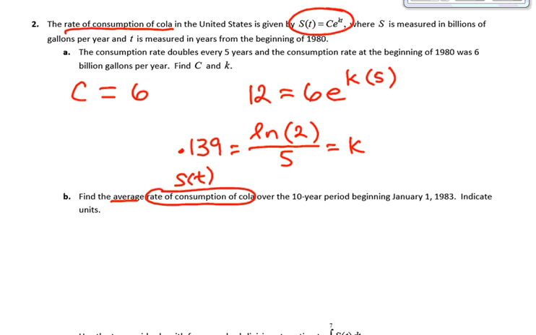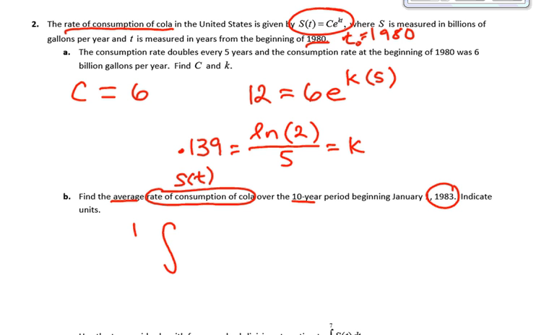And hopefully when I said that, it clued you in that we're doing the 1/(B minus A) thing, times the integral from A to B. Now, if we're starting in 1983 and T of 0 is 1980, then that's going to be starting at year 3, and over the 10-year period, that would be ending at year 13 in 1993.